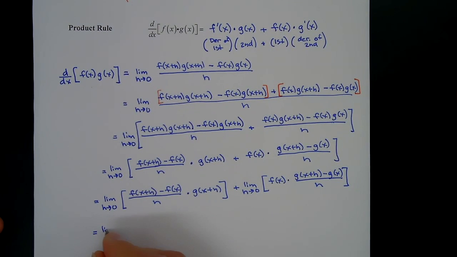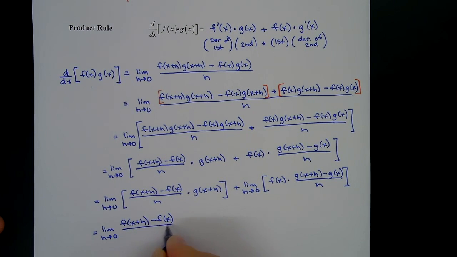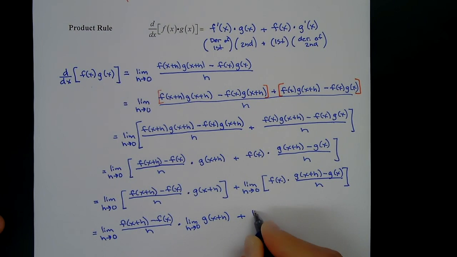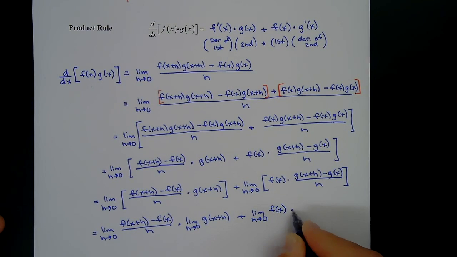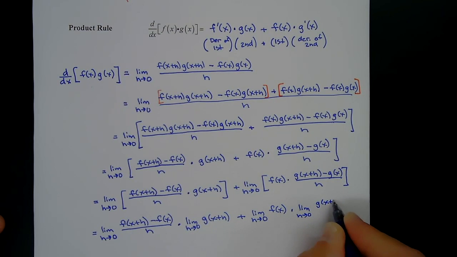So this becomes the limit as h approaches 0 of f of x plus h minus f of x over h times the limit as h approaches 0 of g of x plus h, plus the limit as h approaches 0 of f of x times the limit as h approaches 0 of g of x plus h minus g of x over h.